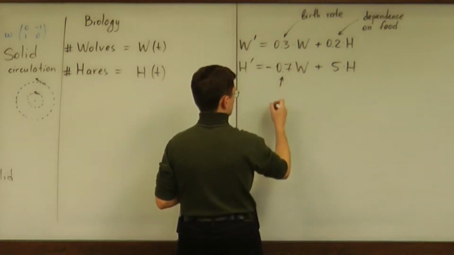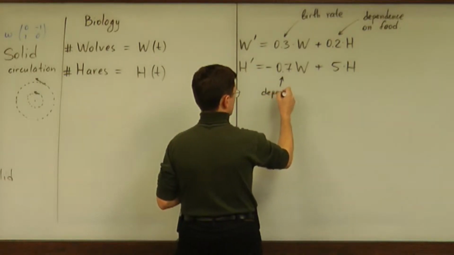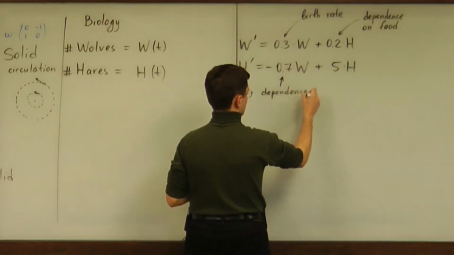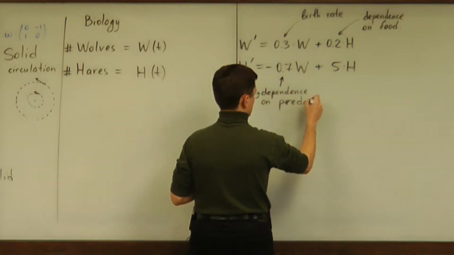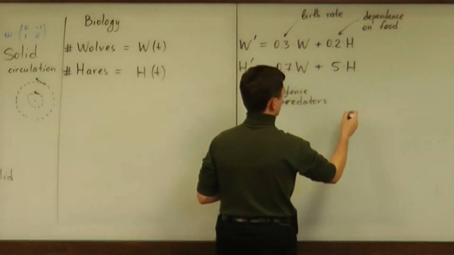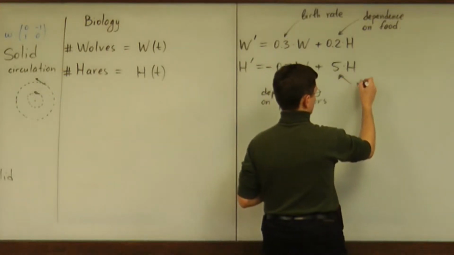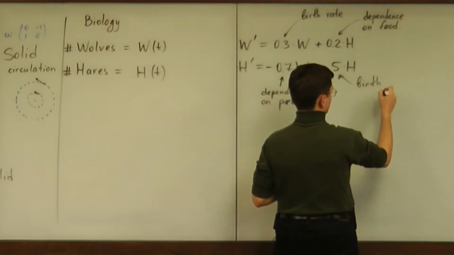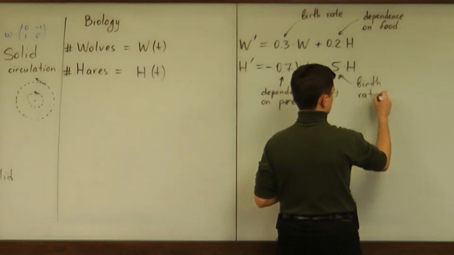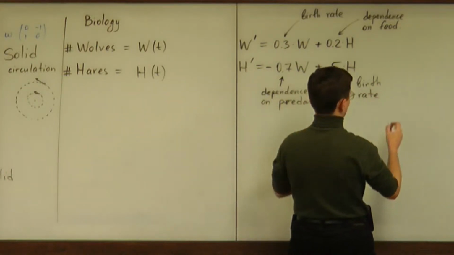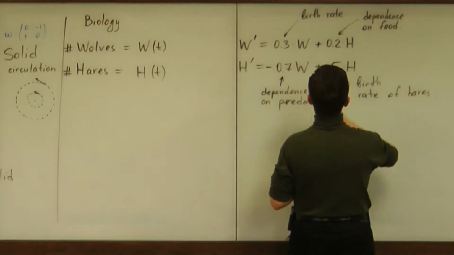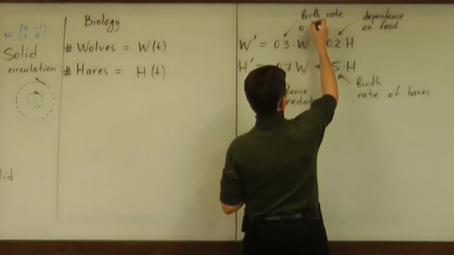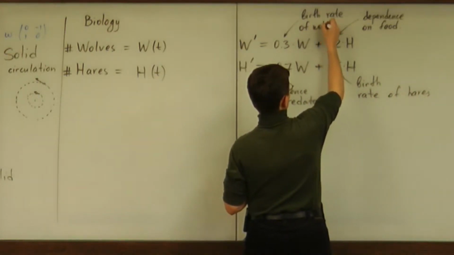So this is dependence on predators, this is the birth rate of hares. And that was the birth rate of wolves.